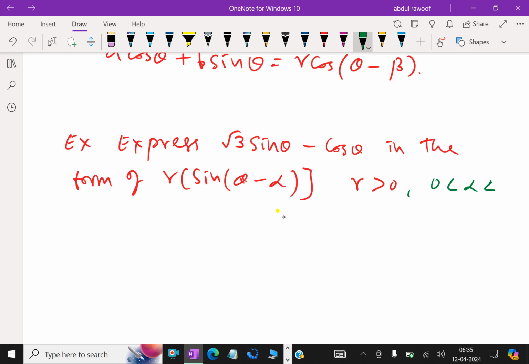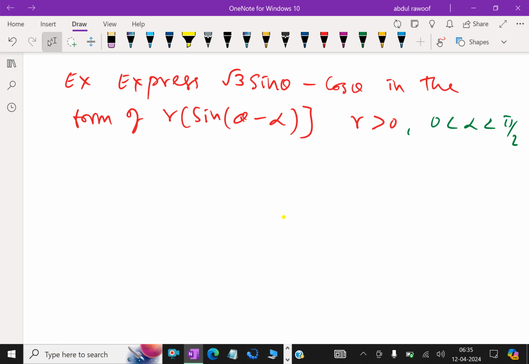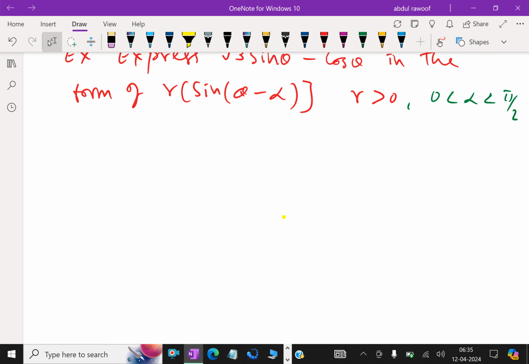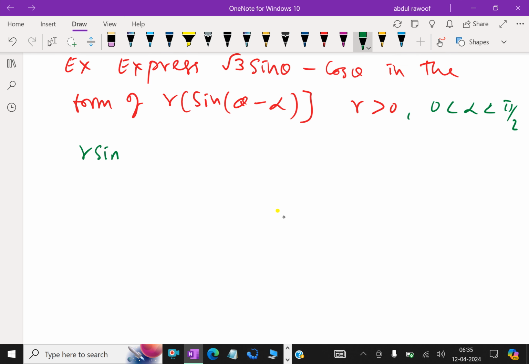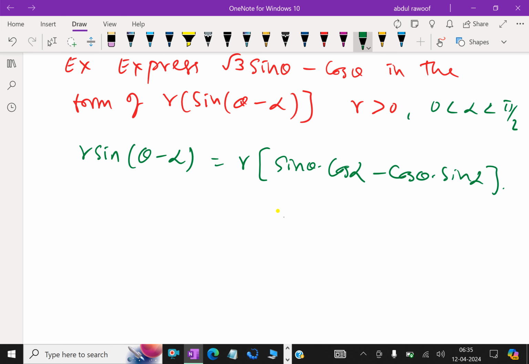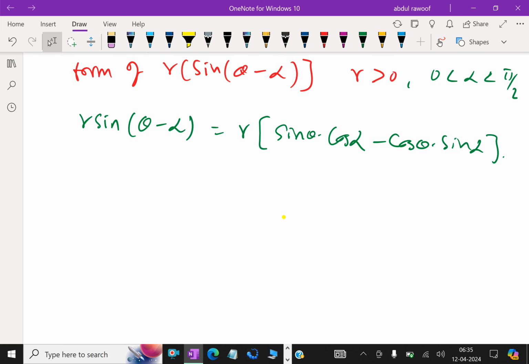We will express as R sin(theta minus alpha), which is equal to R into, you know that sin(A minus B) is, sin theta cos alpha minus cos theta sin alpha.